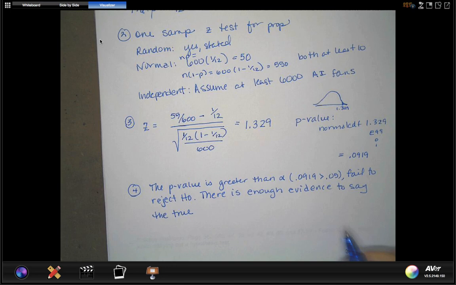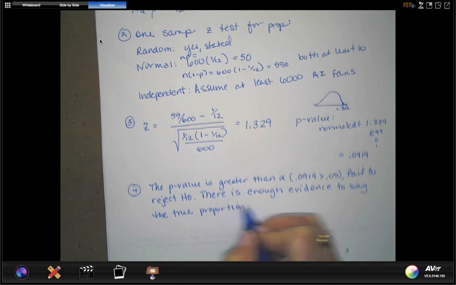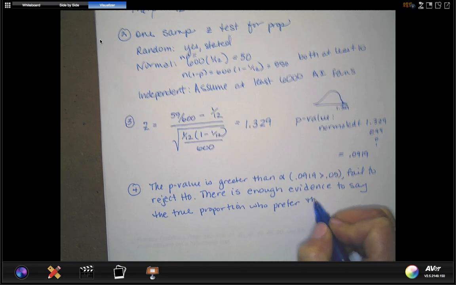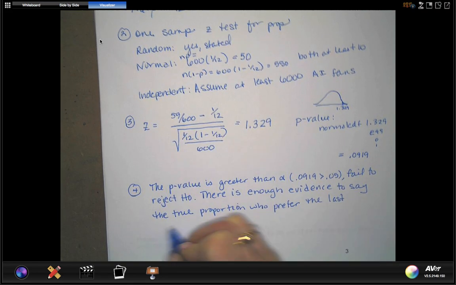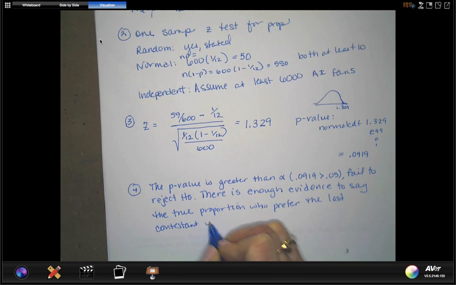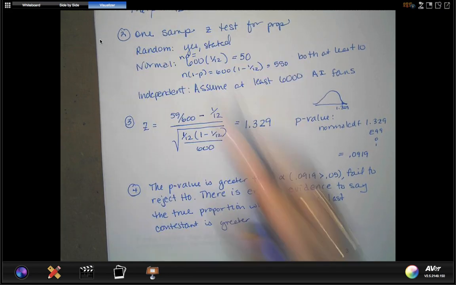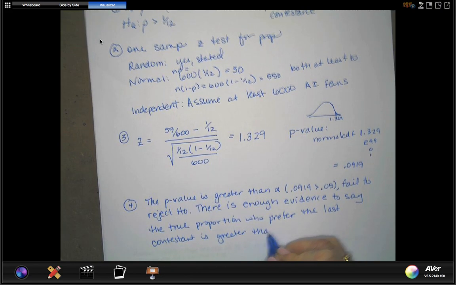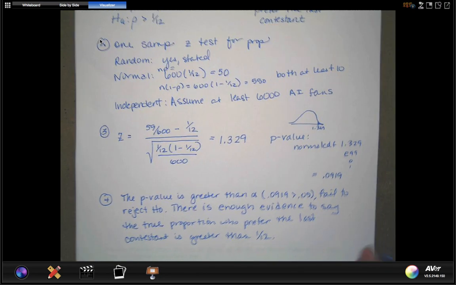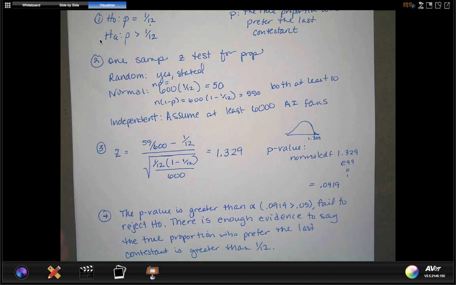So there's not enough evidence to say the true proportion who prefer the last contestant is greater, remember this is the HA, than 1/12. Okay? All right.